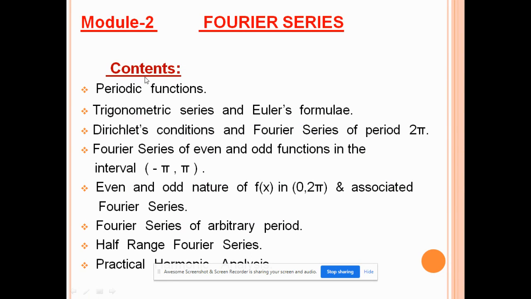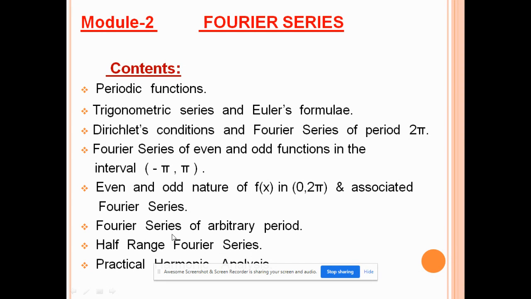Here in this module we will discuss these topics. First is periodic functions, next trigonometric series and Euler's formulae, Dirichlet's condition and Fourier series of period 2 pi, then Fourier series of even and odd functions in the interval minus pi to pi, and even and odd nature of f of x in the interval 0 to 2 pi and associated Fourier series.